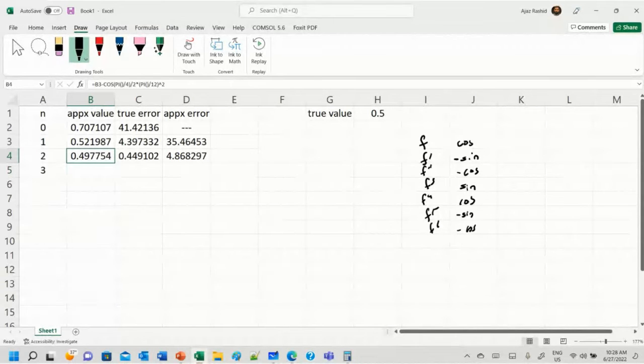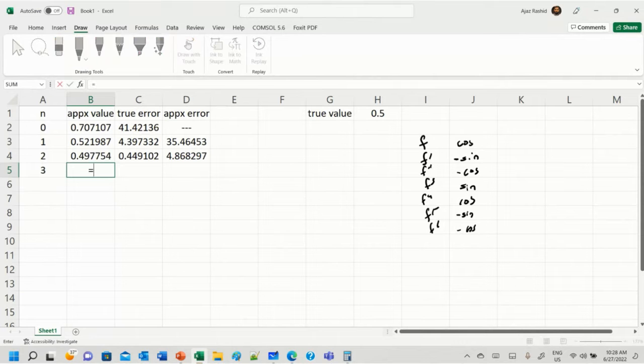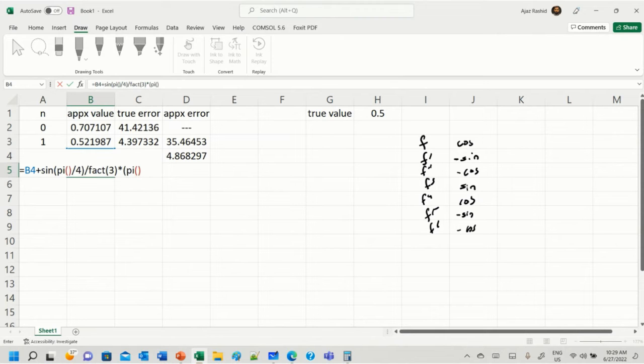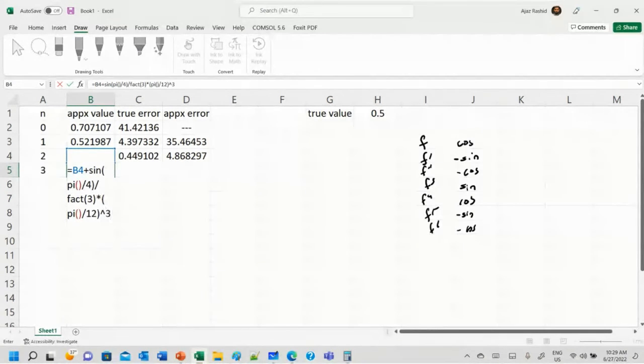So this was the second derivative. Now the third derivative is sine. So this plus sine of pi by 4 divided by factorial of 3 multiplied by pi by 12 to the power of 3.